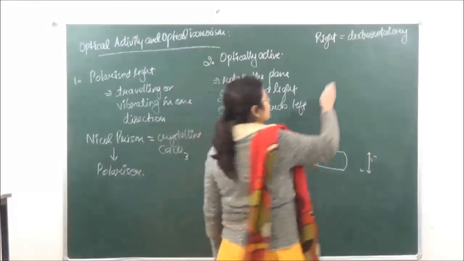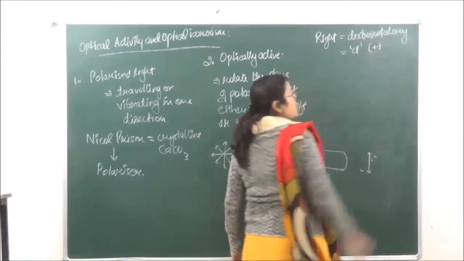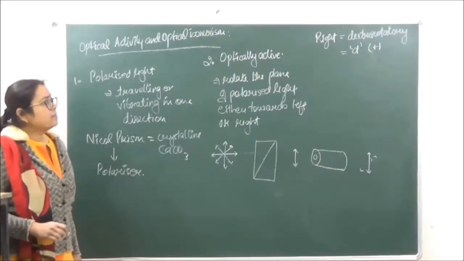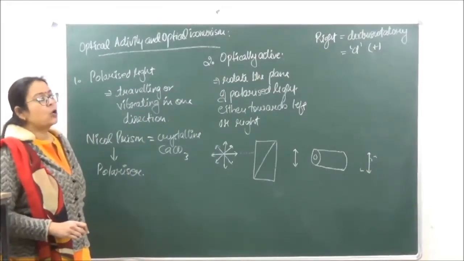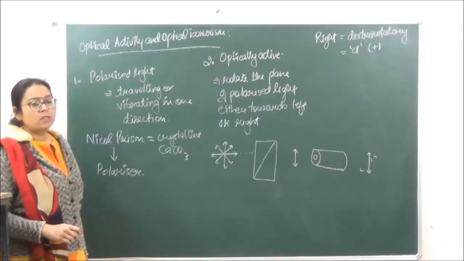They are generally designated by D or by a positive sign, plus, because they are rotating the plane of polarized light in clockwise direction. That is the reason we give it a positive sign.